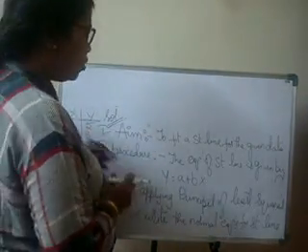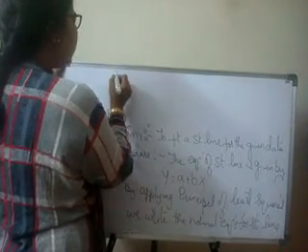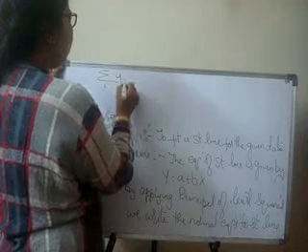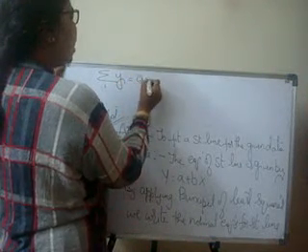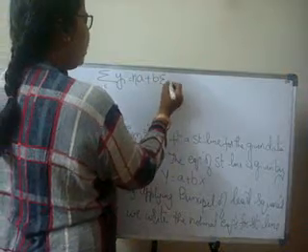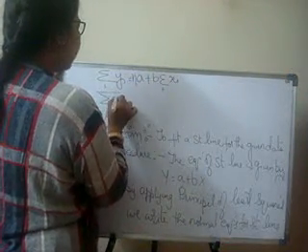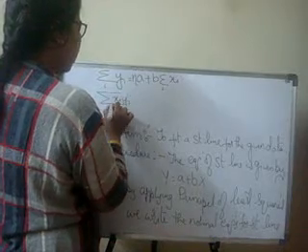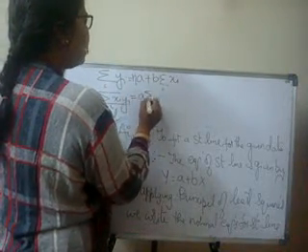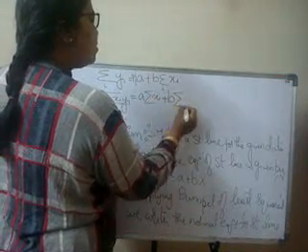Now we see the normal equations for the straight line. They are summation over i of yi equals na plus b summation over i of xi, and summation over i of xi yi equals a summation xi plus b summation xi square.